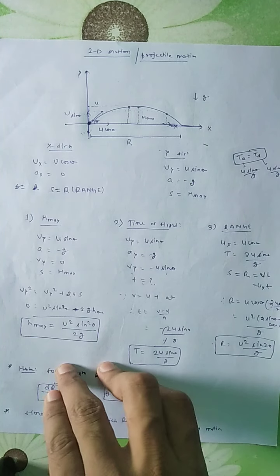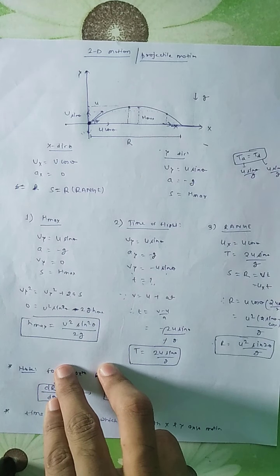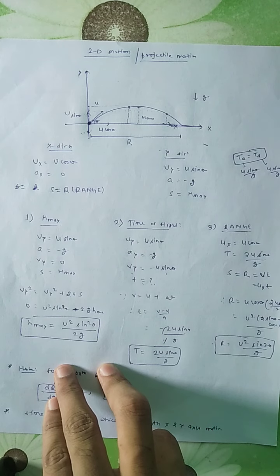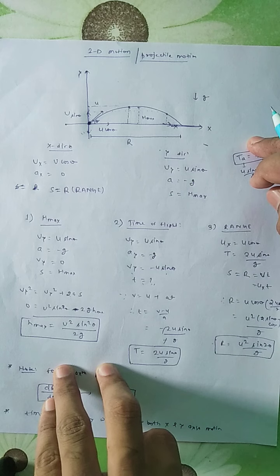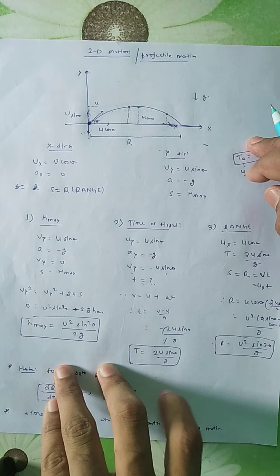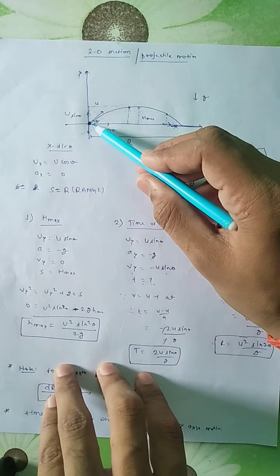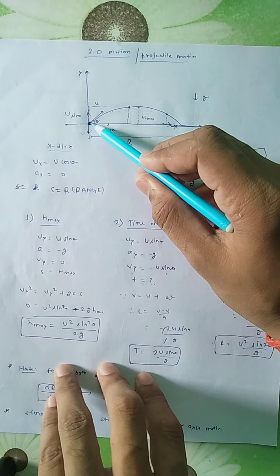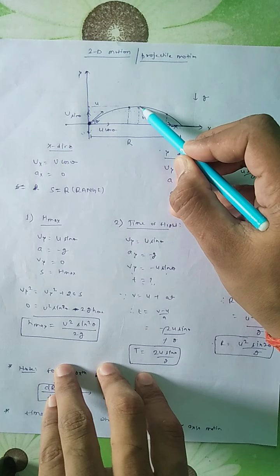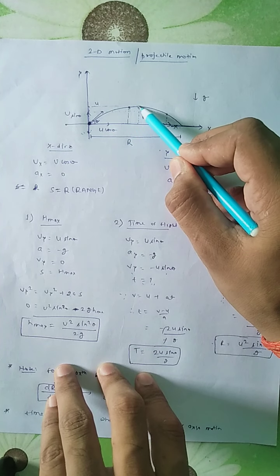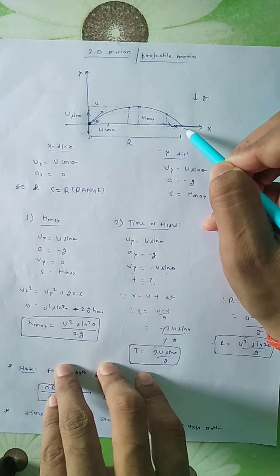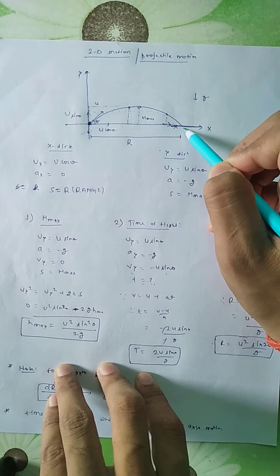And one thing which I have discussed earlier is that time of ascent is equal to time of descent in the case of motion against gravity. Here also, the time of ascent means the time taken by the ball to reach the maximum height, and the time of descent is again from this point to this point.